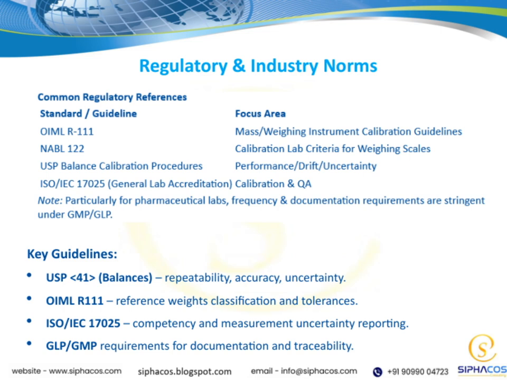Keeping thorough records helps us verify our processes and meet regulatory expectations. All these standards and guidelines tie back to our overall goal, ensuring accuracy, reliability, and compliance in our measurement processes. They form the backbone of quality assurance in our industry.